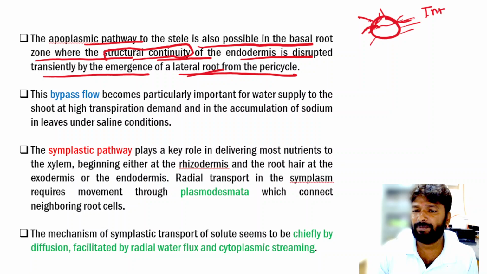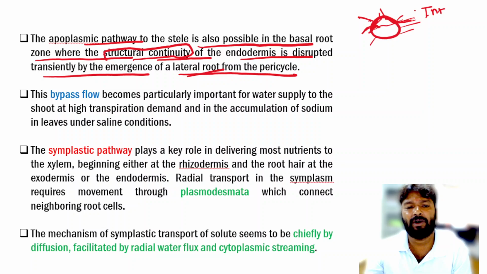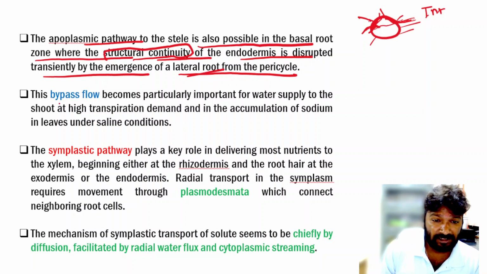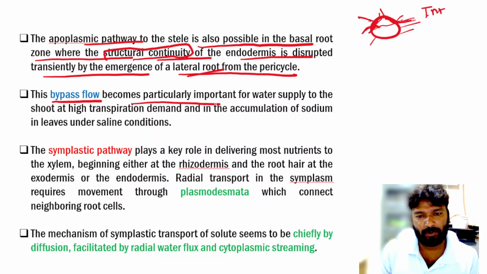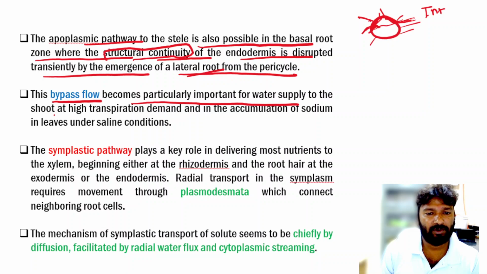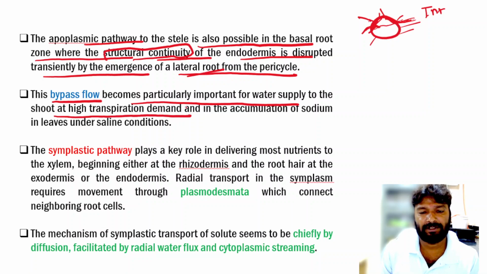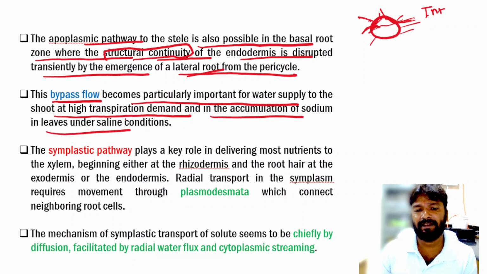By this, the solutes can move from one cell to another. This is known as bypass flow, which becomes particularly important for the water supply to the shoot under high transpiration demand, or in the accumulation of sodium in leaves under saline conditions. So in some cases, plants adopt this bypass flow.